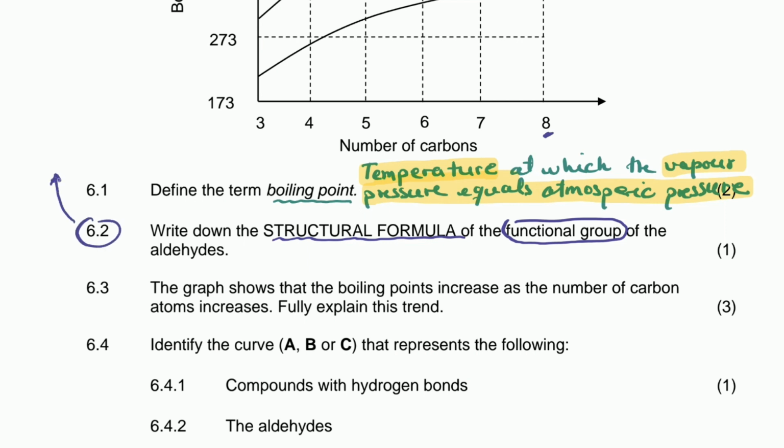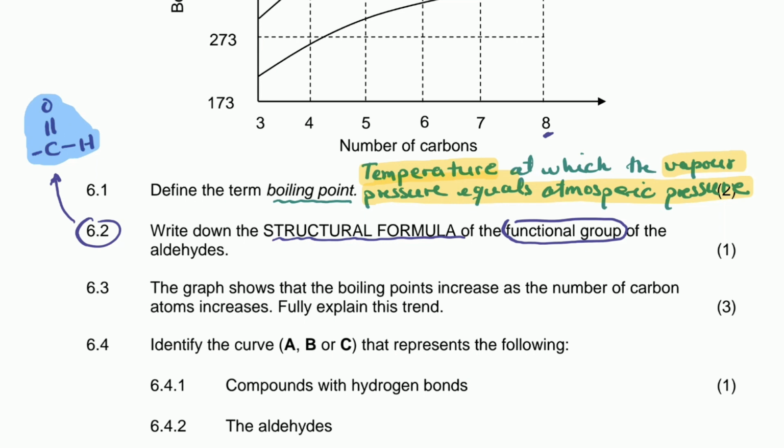We have a carbon which is double bonded to one oxygen, single bonded to hydrogen, but we cannot stop there, guys, because carbon must have 4 bonds, so we need the bond there. So this one here is the structural formula of the functional group of any aldehyde. So any aldehyde will have this functional group in the structural formula.